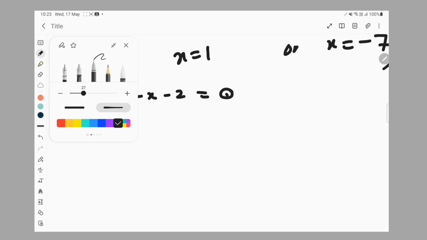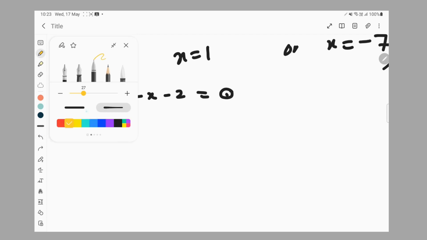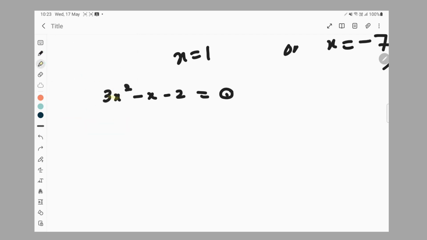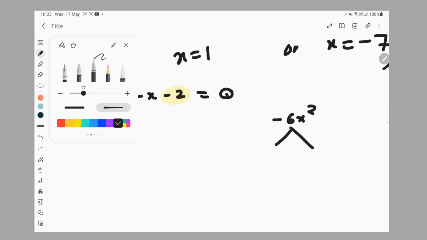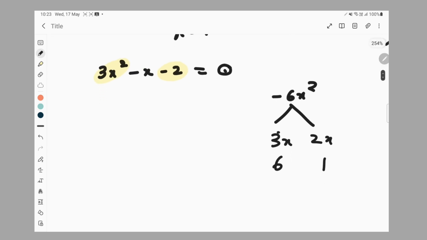If you try this, how are you going to do it? You multiply this term with this, so you get minus 6x squared. What are the factors for this? 3 times 2. What else? 6 times 1. We should get minus 1x, so that means this is minus, this is plus.